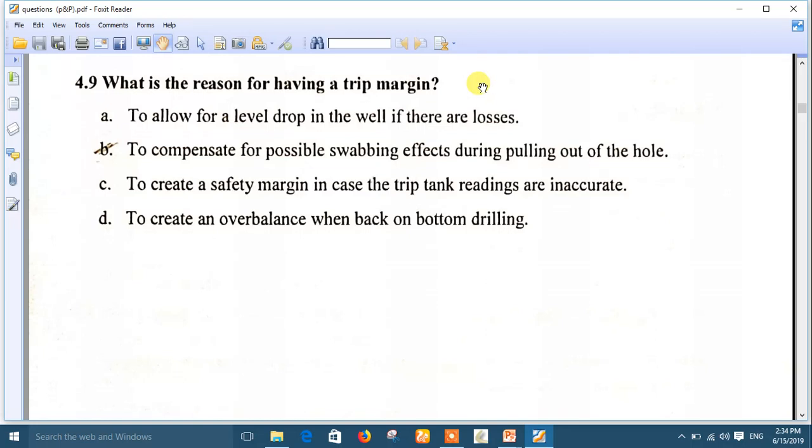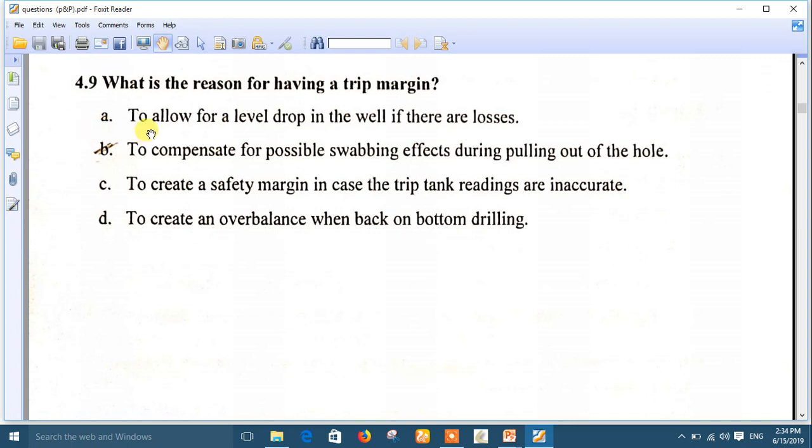But I told you that we have to take plus or minus 200 psi over balance. Why we take 200 over balance? It is called a trip margin. Because if you pull out of hole, you may make some swabbing and gases come from the formation and it may escalate to the kick. So the trip margin here is to avoid the swabbing problems.